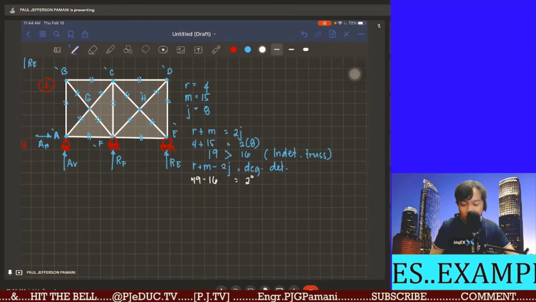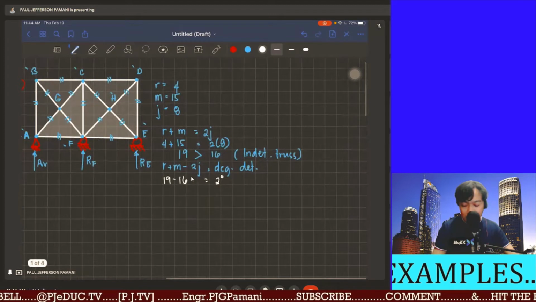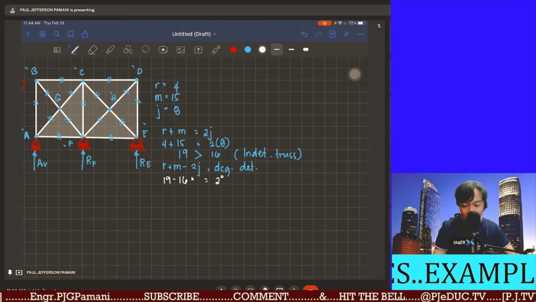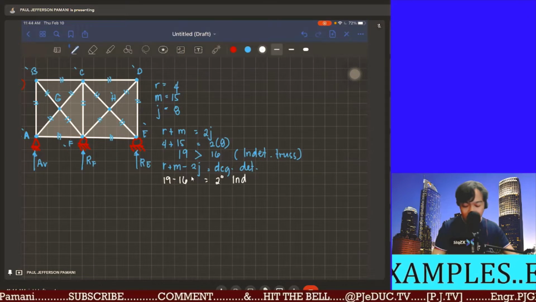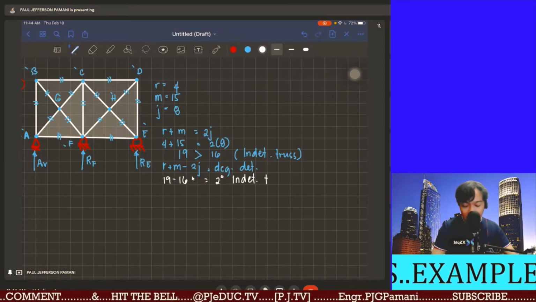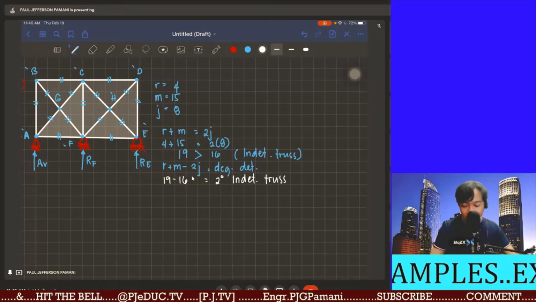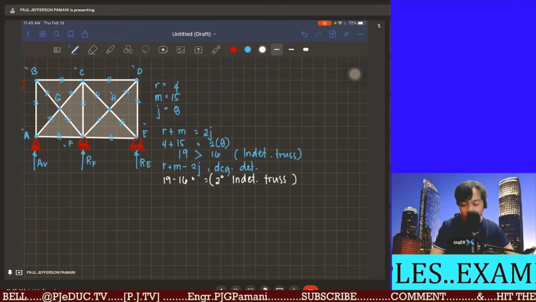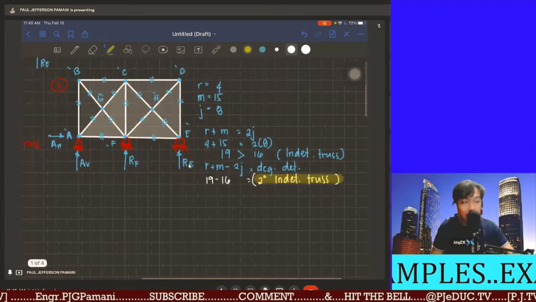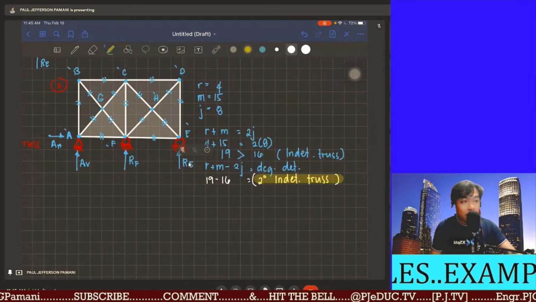Therefore, the given truss system is now twice or 2 degree of indeterminacy. So the given truss here is on the second degree of indeterminacy.